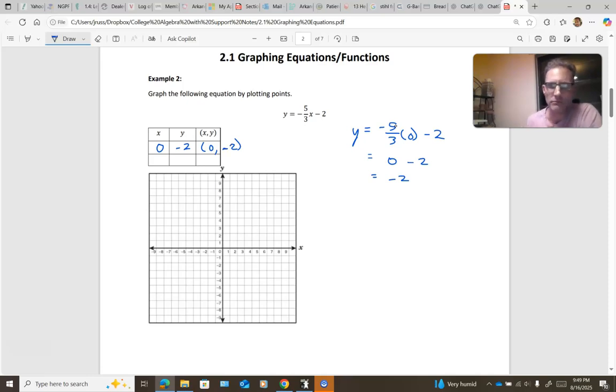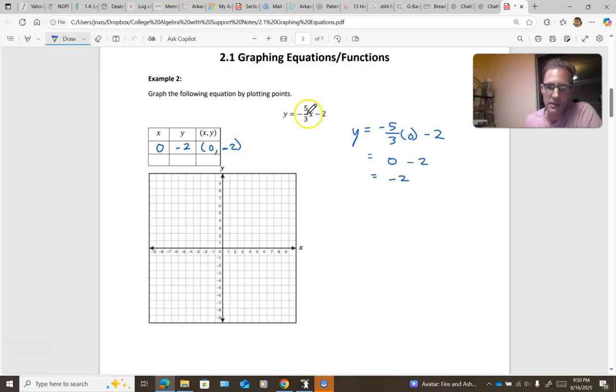All right. Now I need to pick another value of x. Here, because I'm going to be multiplying my value of x by this fraction, you've got to be a bit careful, because if I choose a value of 1 or 2, or negative 1 or negative 2 even, then I'm going to get stuck with a fraction for my value of y. And those are going to be difficult to plot.